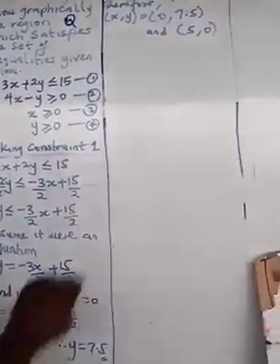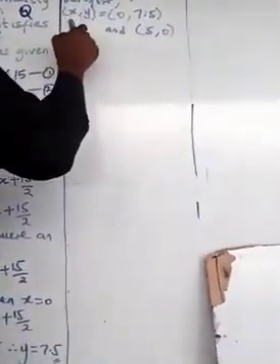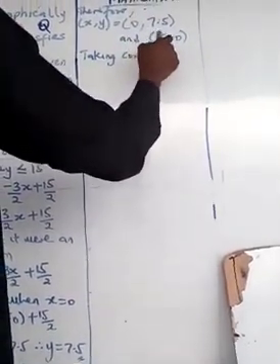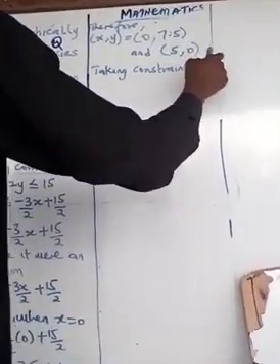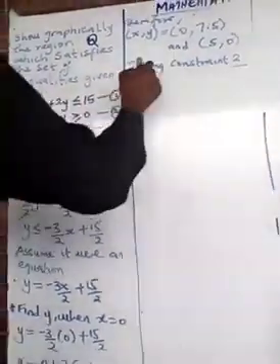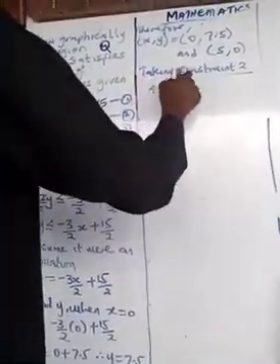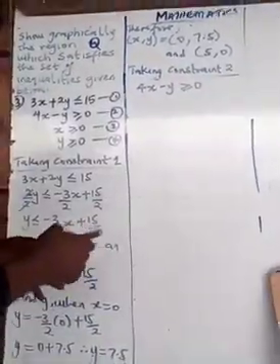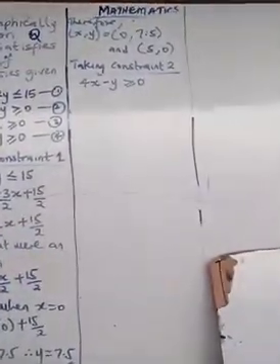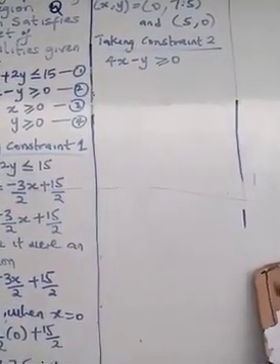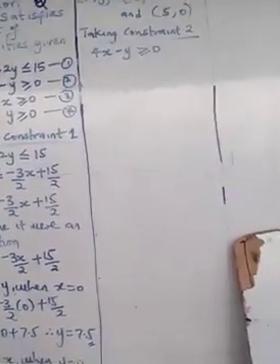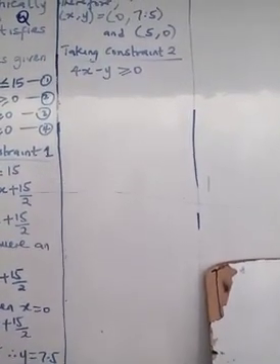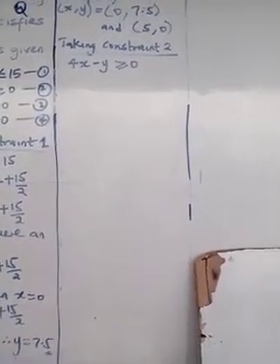Now taking constraint 2, the constraint 2 is 4x minus y greater than or equals to 0.